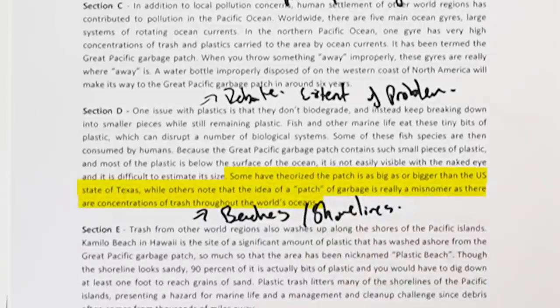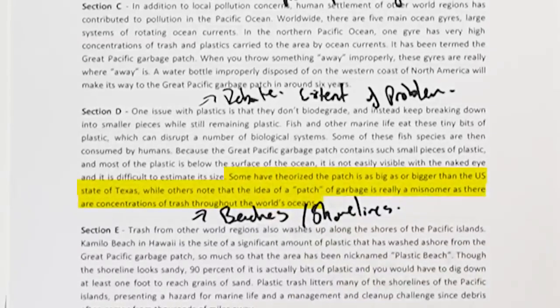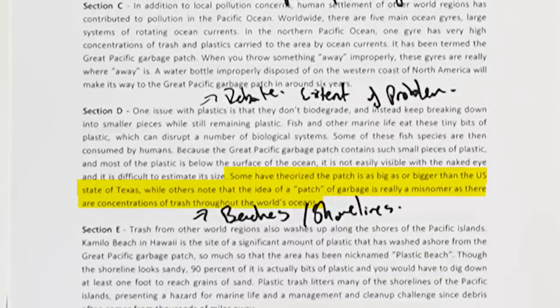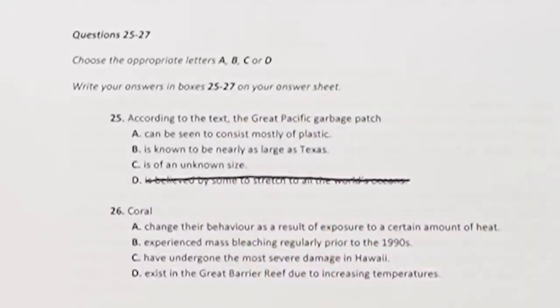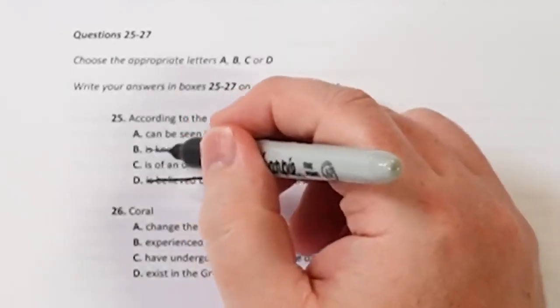Some have theorized. So some people, not everyone, have theorized. There's a big difference between a theory and a fact, all right? That is as big or as bigger. Is known to be nearly as large as Texas. Is known is meant like it's not disputed. It's not a theory. Not some people think it. So it's not that one.